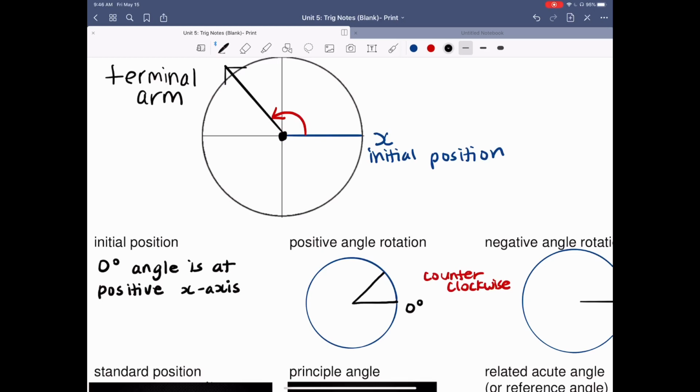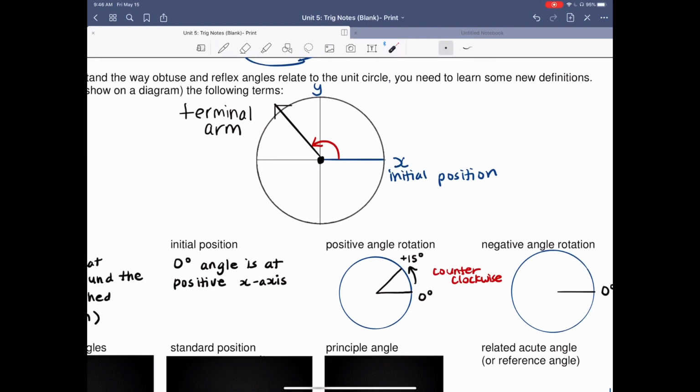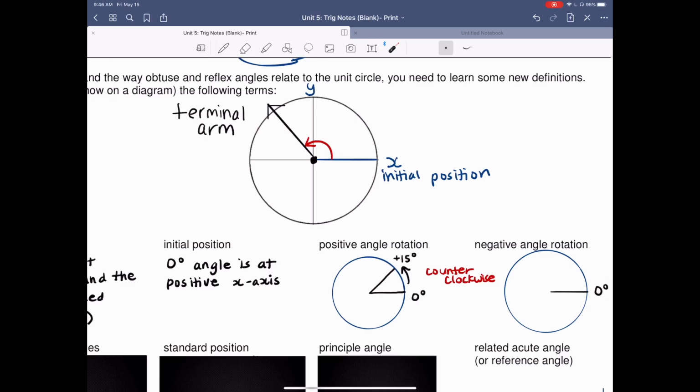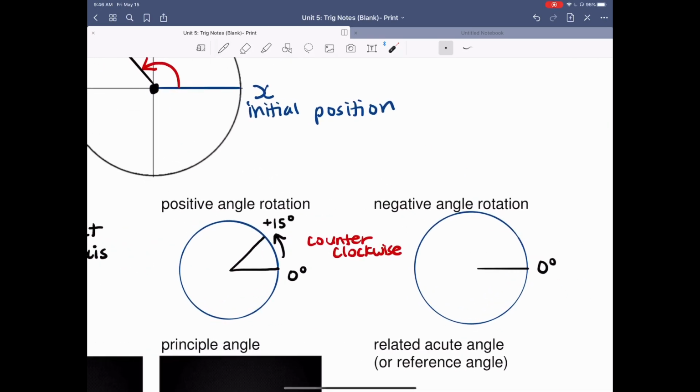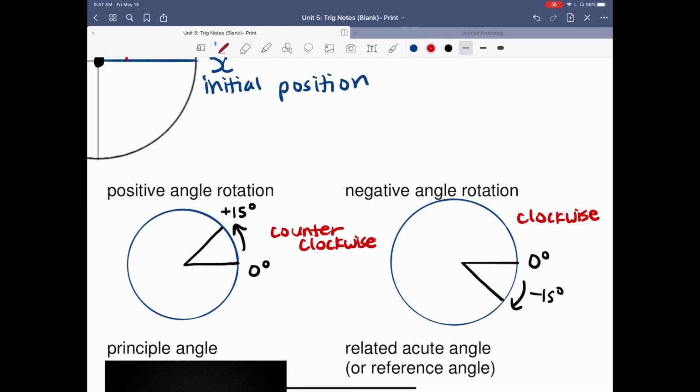If I draw a small angle, represented by this little angle, a positive 15-degree rotation from the initial position right here going counterclockwise, that is represented by positive 15 degrees. Meanwhile, as you might guess, if going counterclockwise is positive, then going the other way, clockwise, is the negative angle rotation.